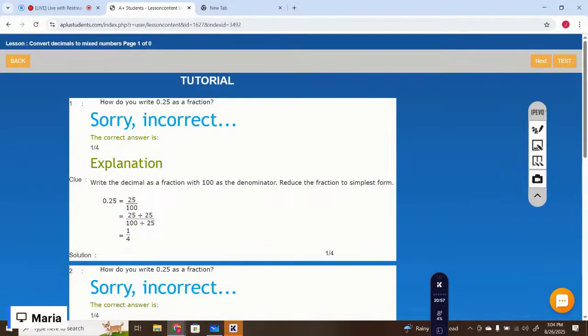The first thing is you need to write it in fraction form. With two digits right after the decimal point, the denominator must have two zeros, right? That is 25 over 100. So we need to divide it by 25, so that is 1 by 4.